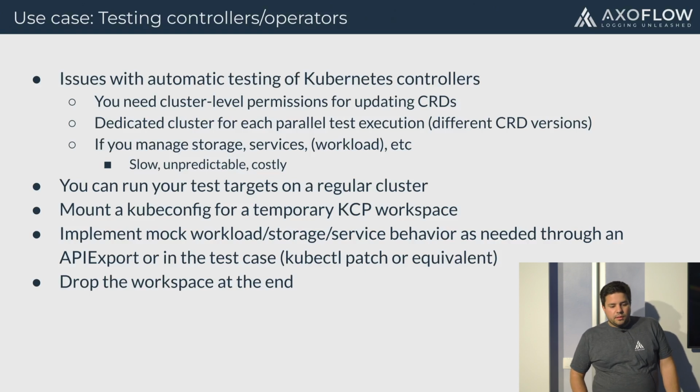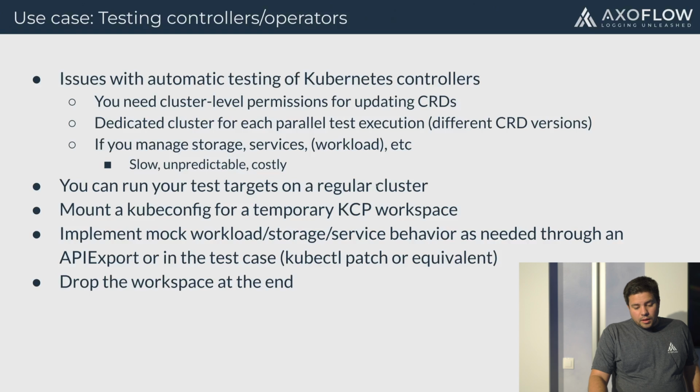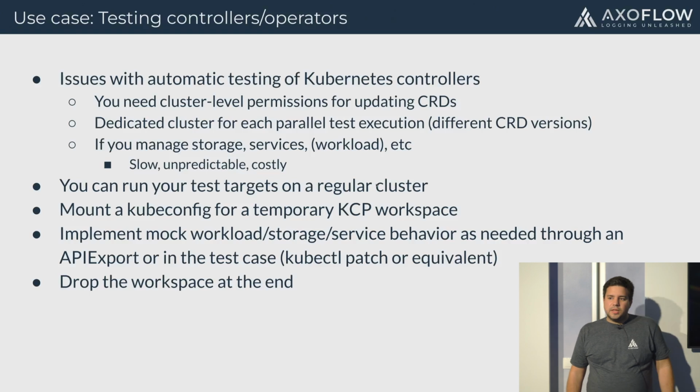So the idea is that you run your test targets, so the controller you are testing, in a regular Kubernetes cluster, but you set it up to use KCP as the managed Kubernetes API. So instead of the local service account, you give it a kubeconfig, and then you can create a dedicated workspace for that specific test run, deploy your CRDs in the desired version, and run your tests.